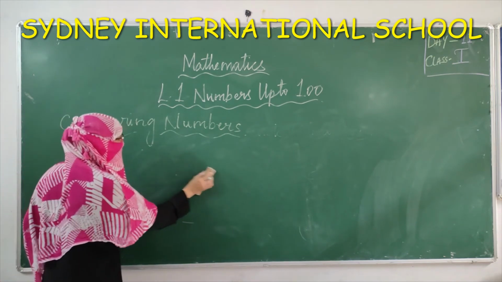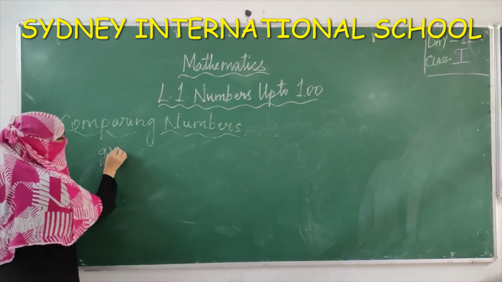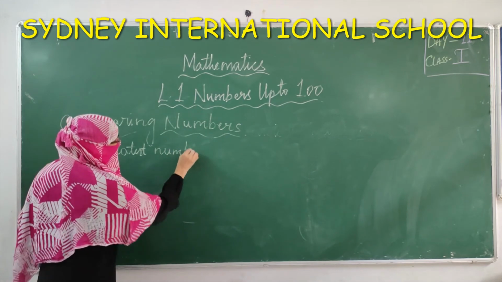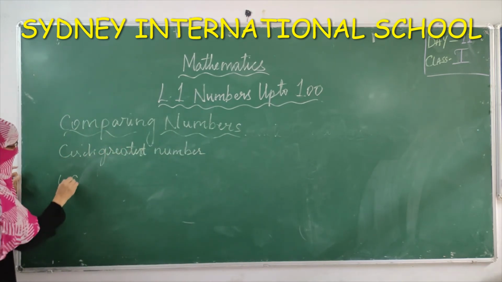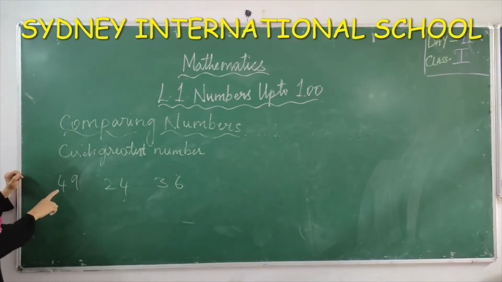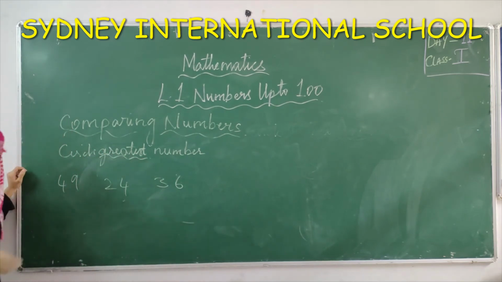So if I tell you, circle the greatest number. These are the 3 numbers, 49, 24, 36. In this you have to circle the greatest number.